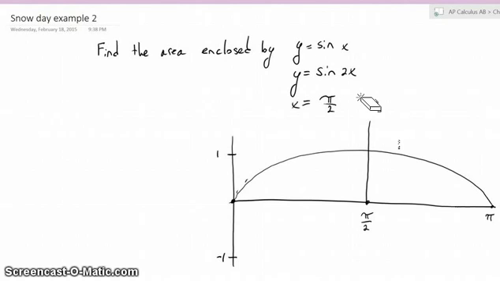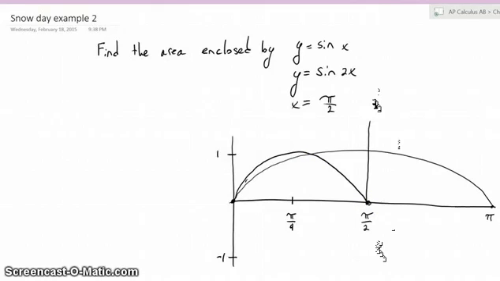Or another way to think of that is if sine reaches 1 at pi over 2, then sine 2x is going to reach 1 at pi over 4, since 2 times pi over 4 is pi over 2. So we're going to have pi over 4 here. And this function is going to reach its highest point there and then come back down.